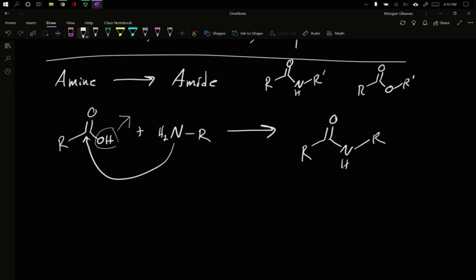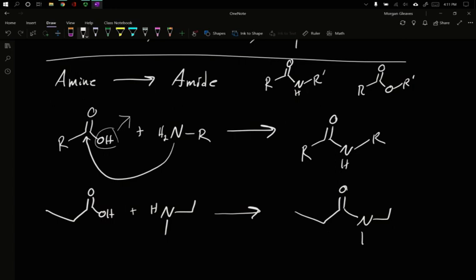Depending on what amine you add, this will give you slightly different amides. So if I've got propanoic acid, and I have a methyl ethyl secondary amine, these will react to give an amide with a nitrogen bearing a methyl and an ethyl, and, of course, water.